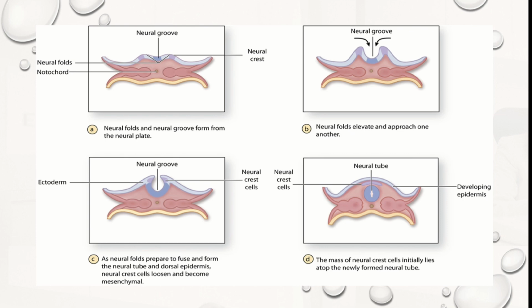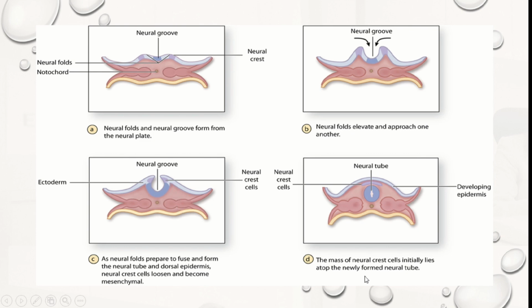These are what we are talking about: the neural folds, the neural groove, the neural crest. After the neural folds and neural groove form from the neural plate, the neural folds elevate and approach one another, and as the neural folds prepare to fuse and form the neural tube and also the epidermis, the neural crest loosens and becomes mesenchymal.